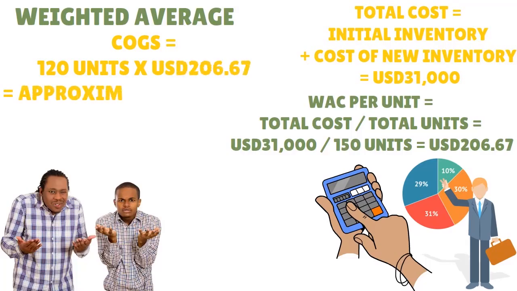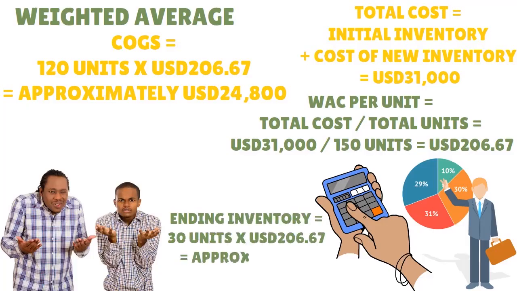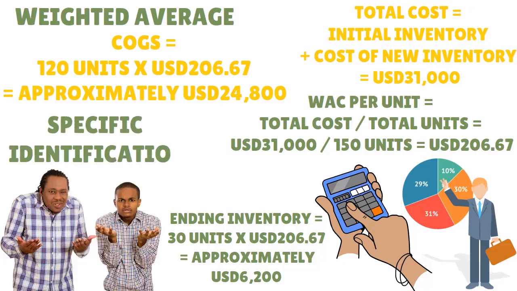So cost of goods sold, 120 units times the average, 206.67, approximately 24,800. And the ending inventory, you're looking at 30 units times $206.67, approximately 6,200.